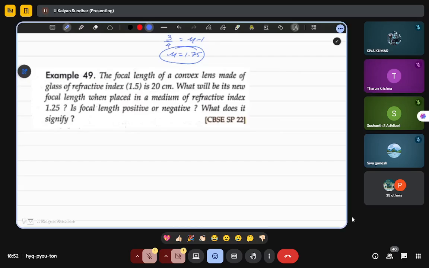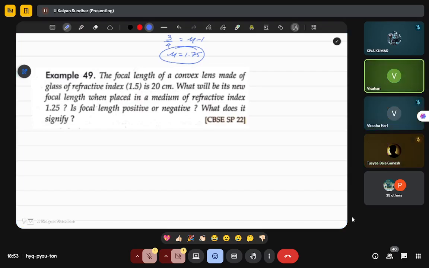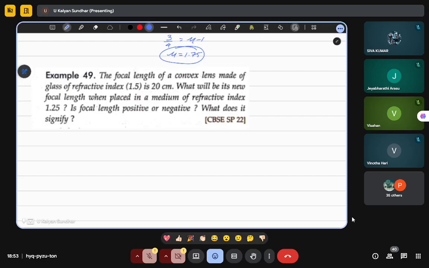Tushya Balaganesh present, Vasumati, Venkatesa, Vinoda present, Vishahan present, Yalini, Zenita present, sir.